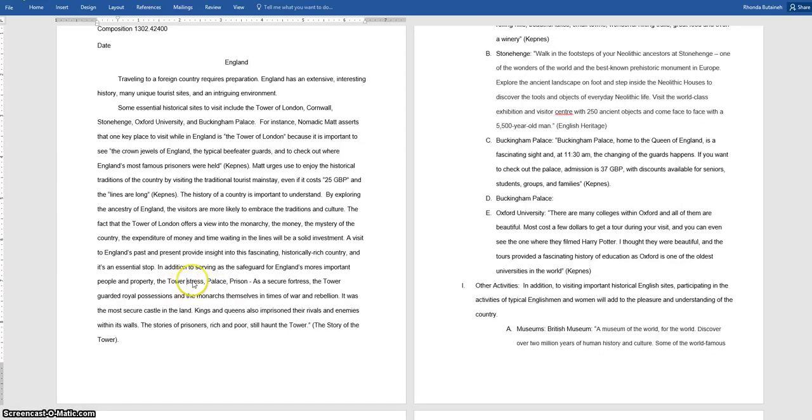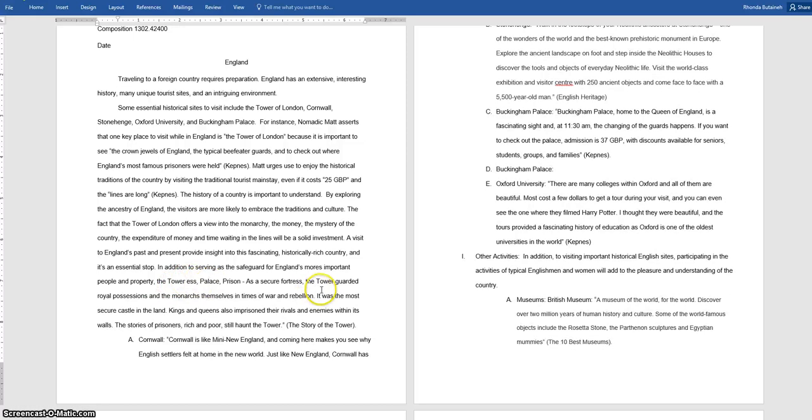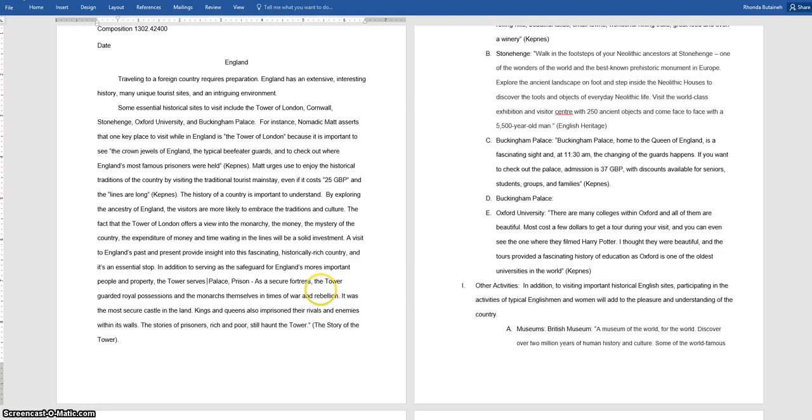The tower serves as a palace prison, and then I would use this. That doesn't need to be capitalized.